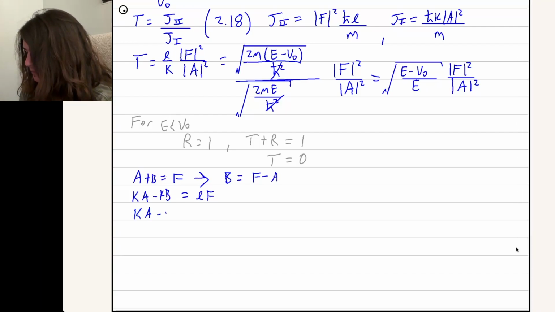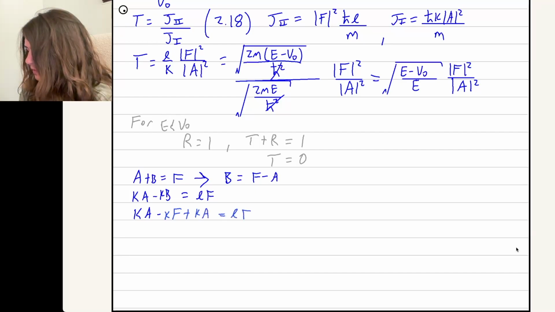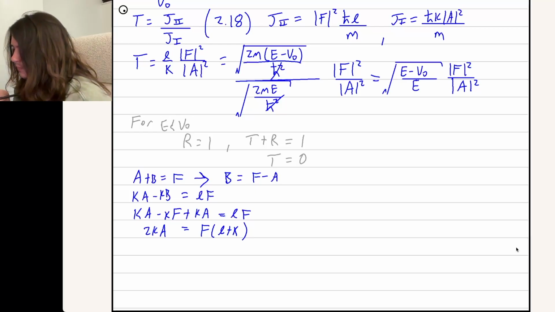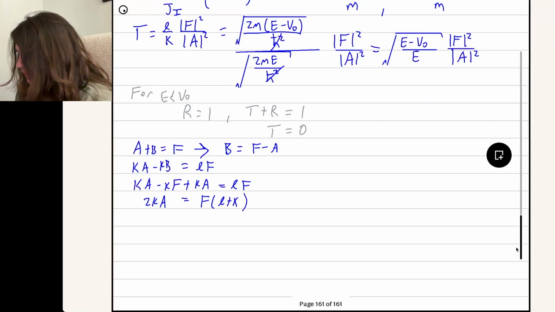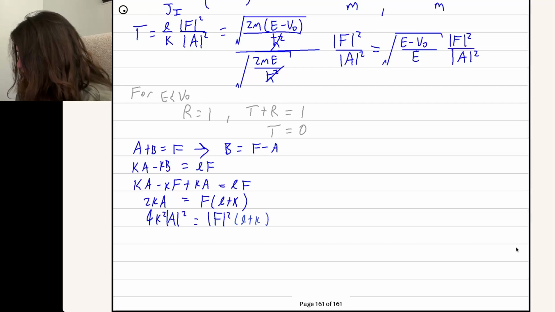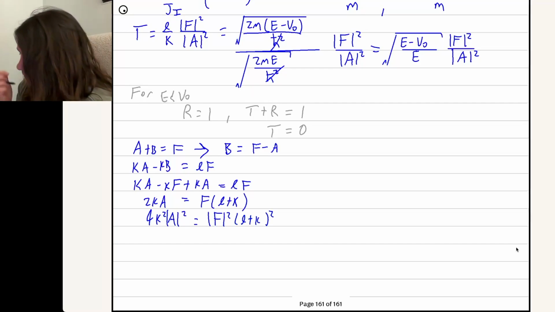So we have minus Kf plus Ka equals LF, and then we'll put all the A stuff on this side and put the L stuff on the other side, so F times L plus K. And then if we take the square modulus of both sides, we get 4K squared mod A squared equals mod F squared times L plus K squared, right?